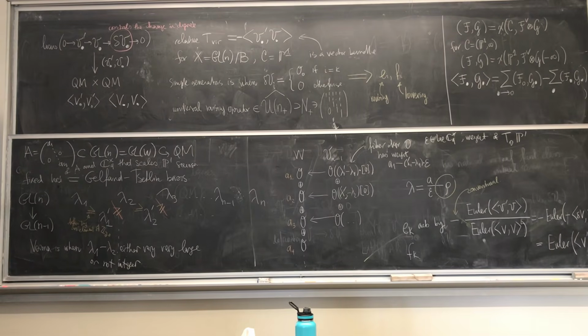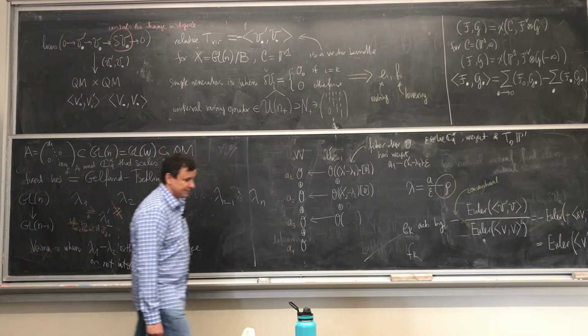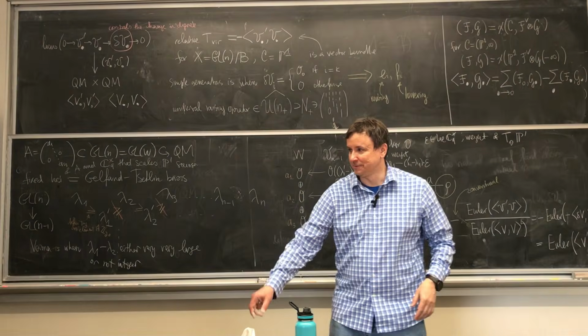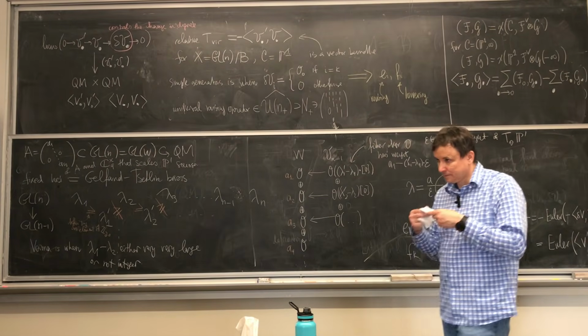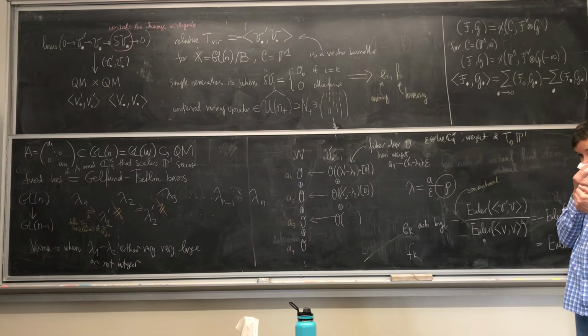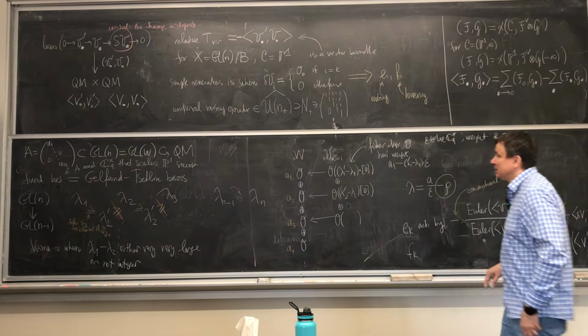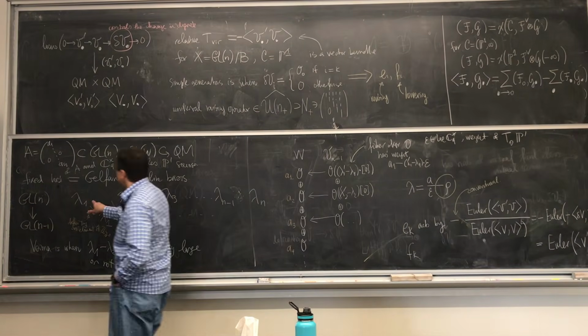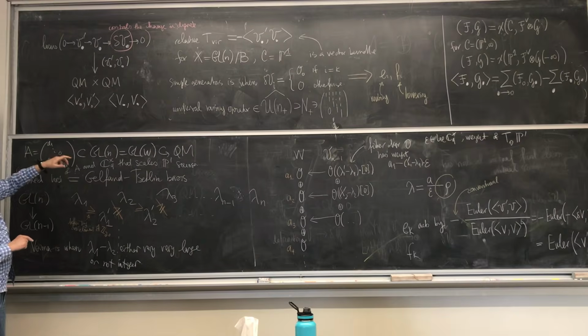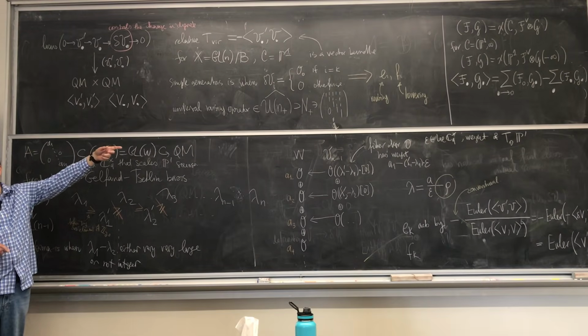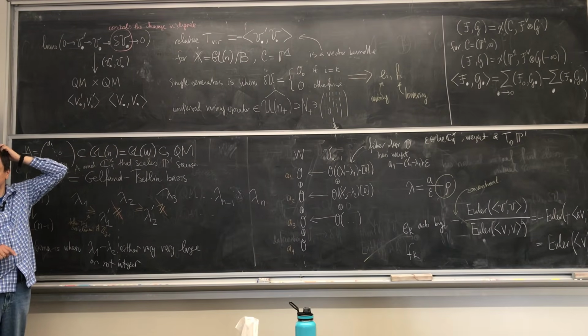The formulas are universal. They apply for finite dimensional representations. That makes sense? What does it mean that this is an integer? It means the difference of two A's is a multiple of epsilon.